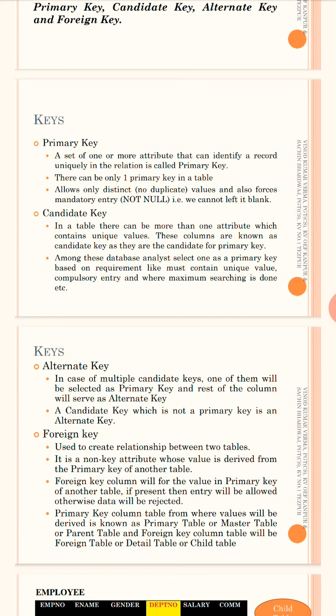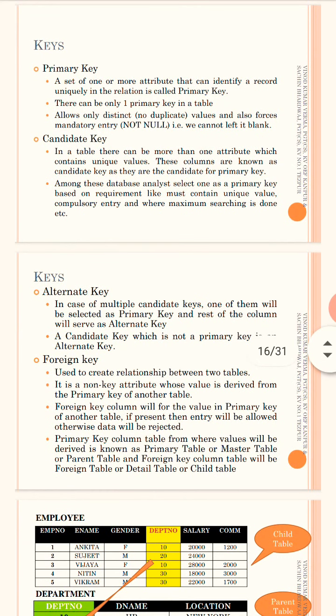It can be a single column or group of columns. And a table can have only a single primary key. A table cannot have more than one primary key, but a primary key can consist of more than one column. You can simply say that a table cannot have more than one primary key.